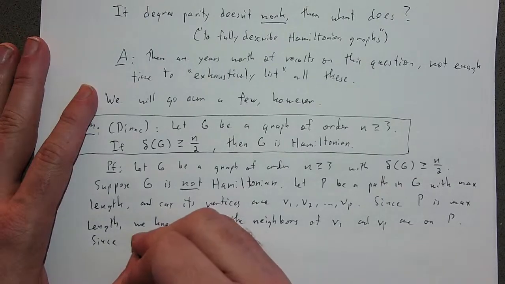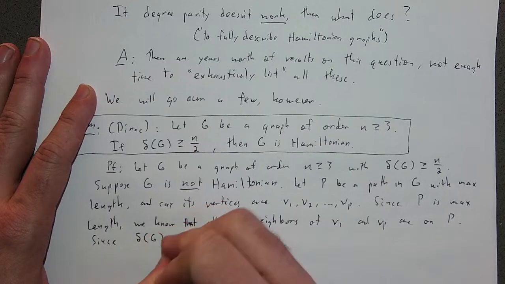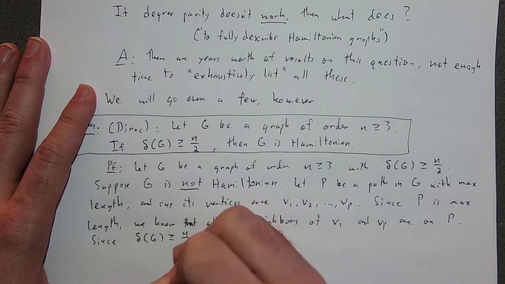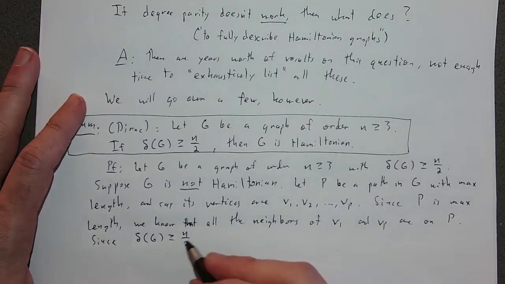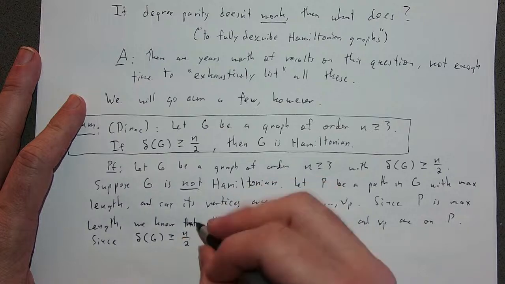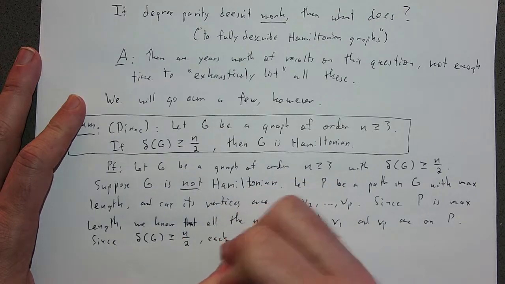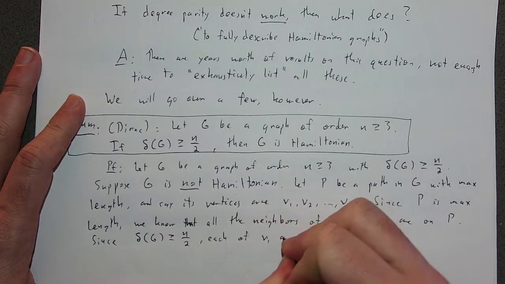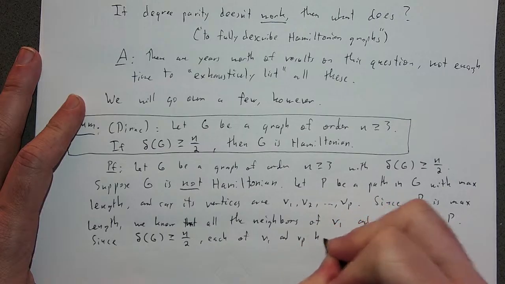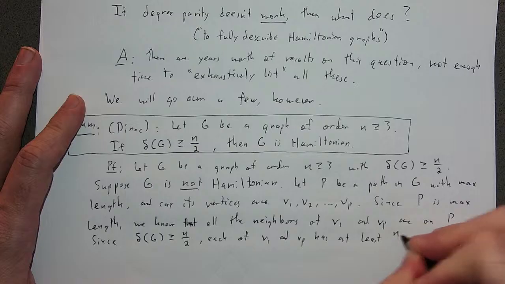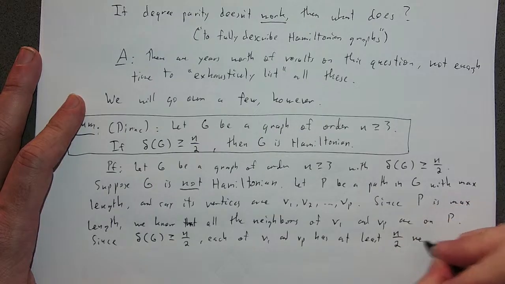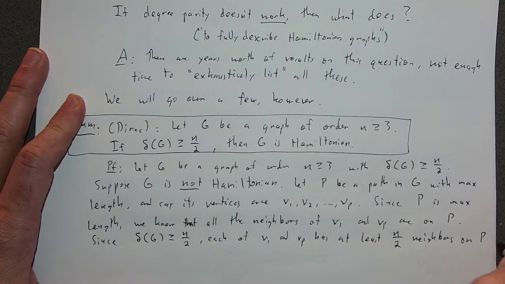Since the minimum degree of G is at least n over 2, each of V1 and Vp has at least n over 2 neighbors on the path P.